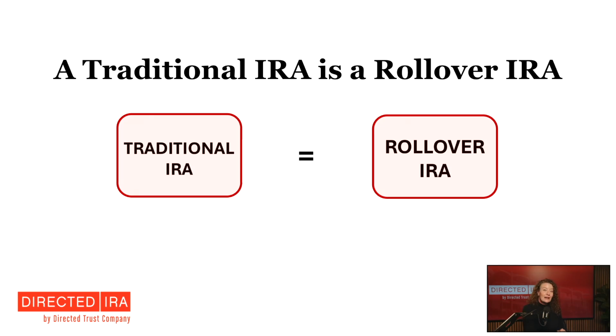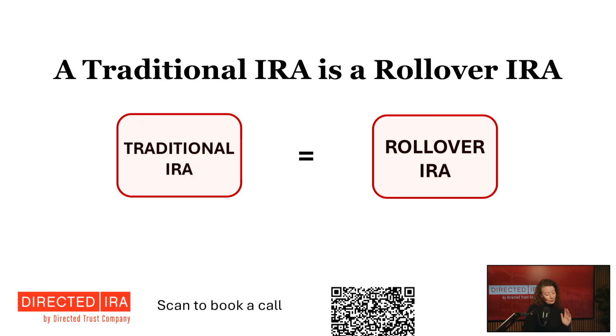And as far as the tax treatment goes, a rollover IRA is treated exactly the same way as a traditional IRA. So keep that in mind. And I'm sure some of you may have rollover IRAs that you moved old retirement plans or old 401(k)s into. Those can be self-directed right now. You don't even have to wait.